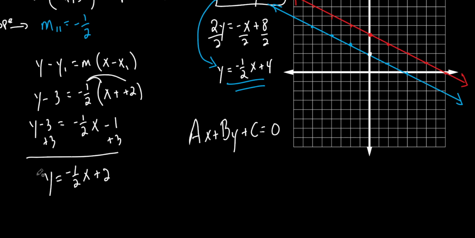So how am I going to change this into this? Well, I need everything on the left-hand side and set it equal to 0, don't I? But before I do that, what don't you like about this? The fraction, okay? So watch what I'm going to do. You could do this several different ways, okay? There's more than one way to do this, but here's how I would do this.